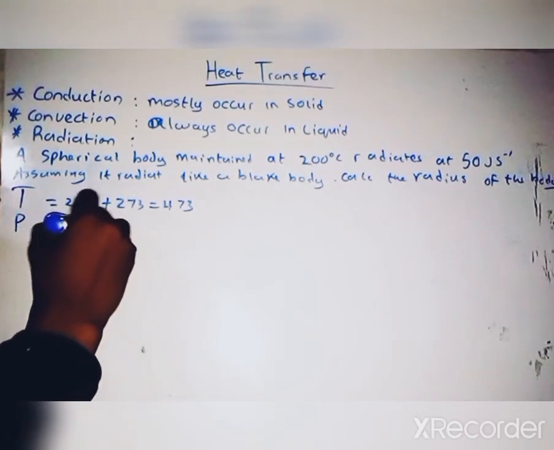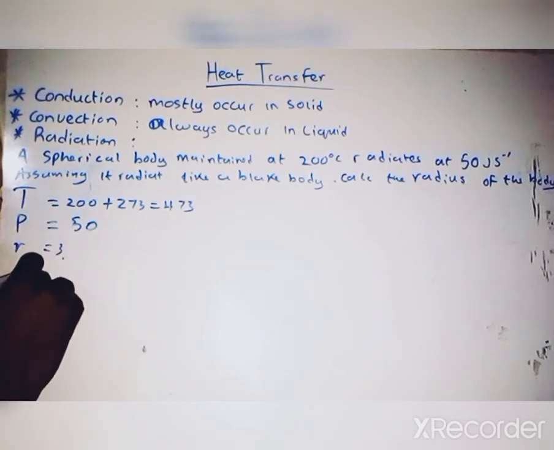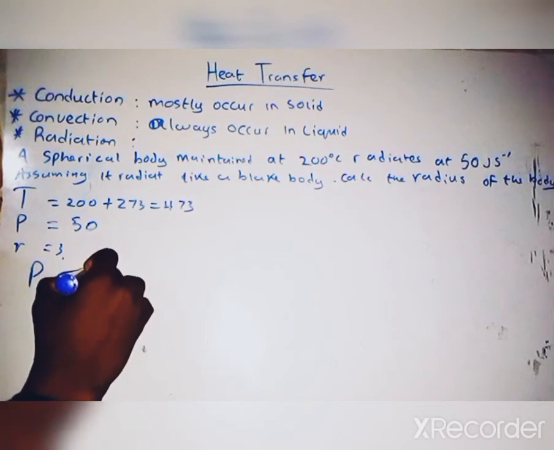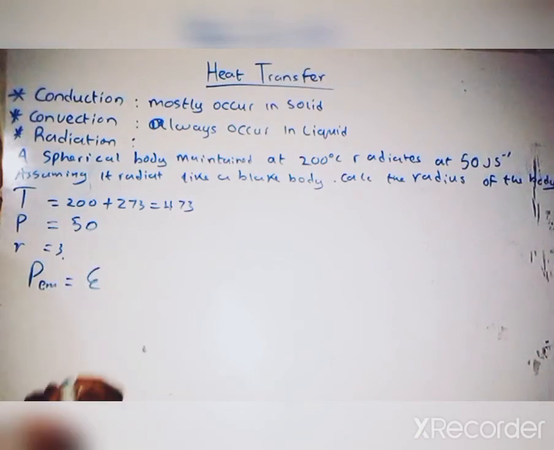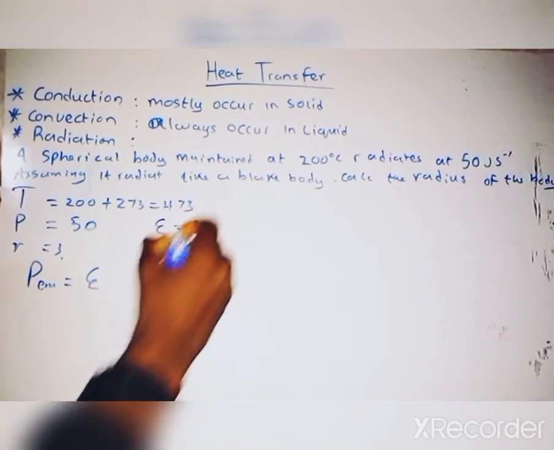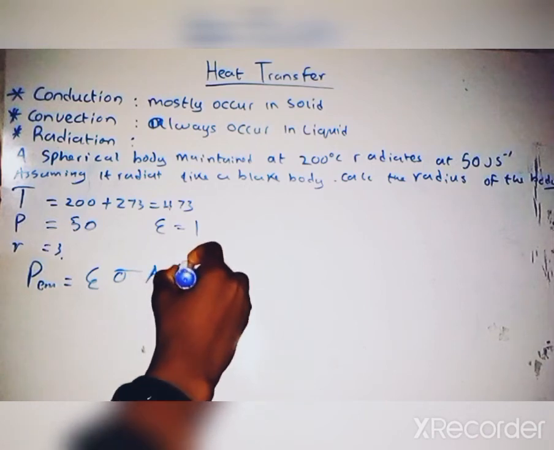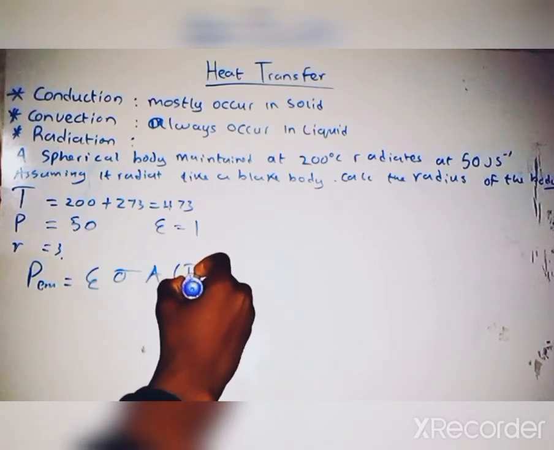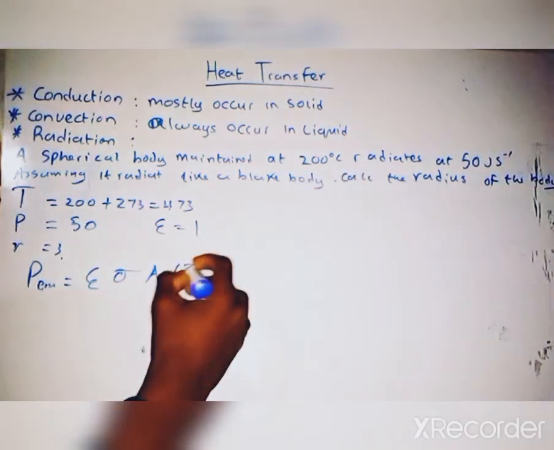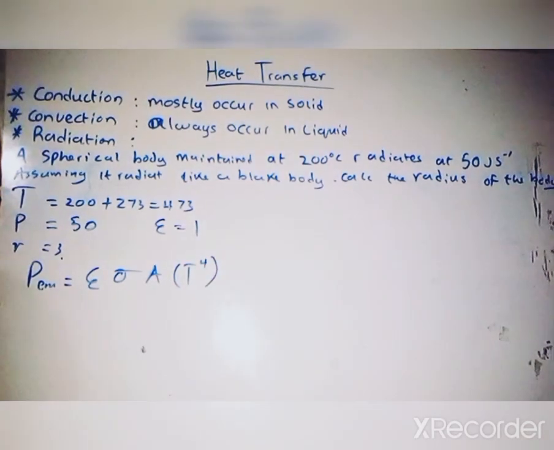We have to find the radius, but the formula is P emitted equals emissivity, which is 1 since it is a black body, times the Stefan-Boltzmann constant times area times T. Since we are not given the temperature of the environment, it will just be T raised to power 4 only.